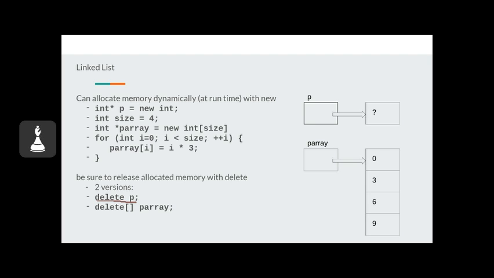The second version is we use delete with the square brackets behind it, and that version indicates that we're freeing up an array that's been allocated in this way. And so the second version will free up all of these integers because we have that square bracket behind it. So it's important to use the appropriate version of the delete operation, whether you're deleting a single object or deleting multiple objects that you've allocated as an array.